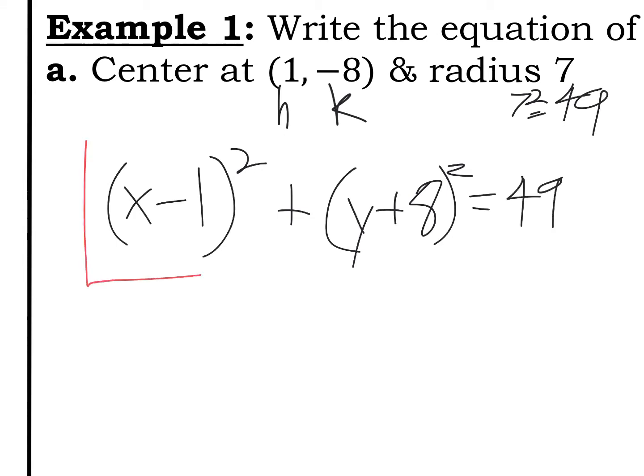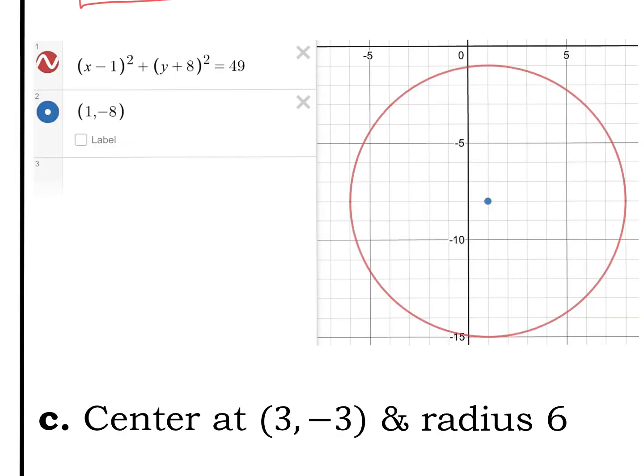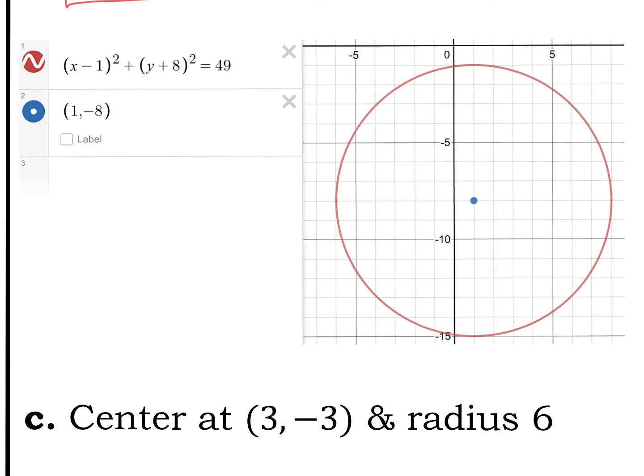And that's it. The cool part about this is if you type it into a graphing calculator, it would draw you a circle. So what I did here was I opened up my Desmos graphing calculator app, and I typed in my exact answer, and it drew me a circle, and then I just manually plotted my center point.